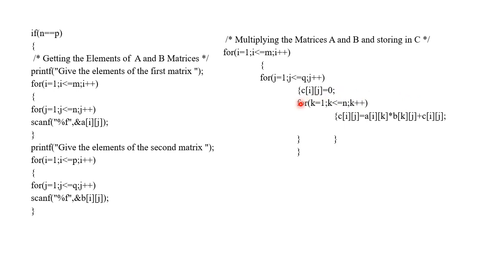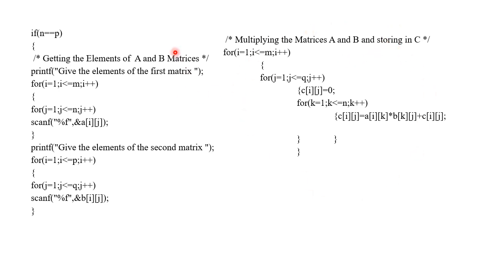This is the main essence of calculation of Cij. We have to calculate Cij for many I and j due to these two for loops. So within this block, Cij is calculated. So this is the main block which differs from the addition.